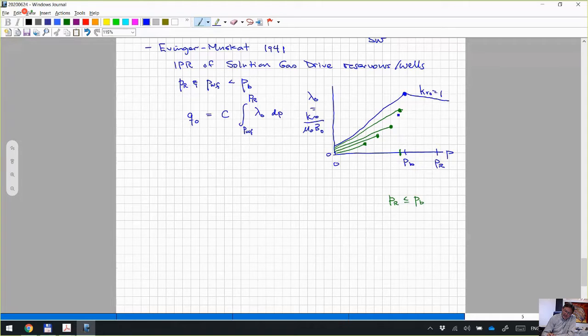Now, the values here at the average reservoir pressure as it depletes below the bubble point come from the solution gas drive material balance, okay?